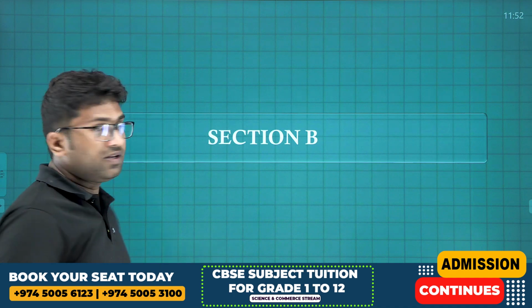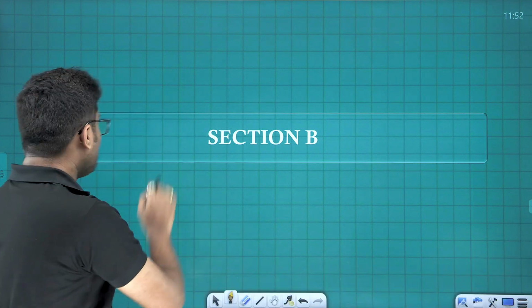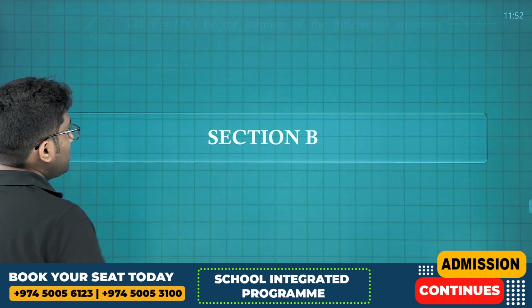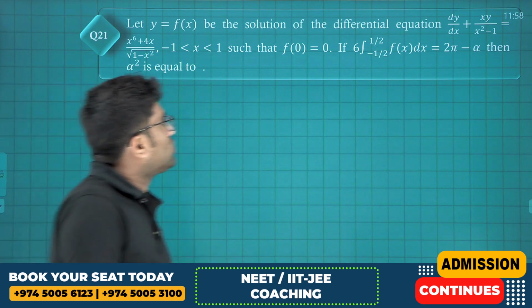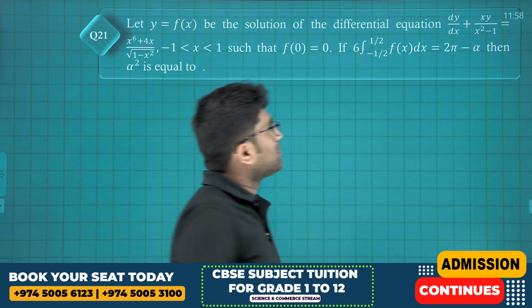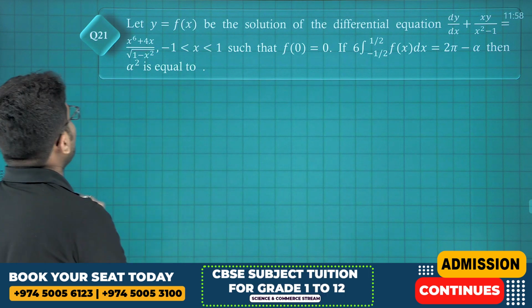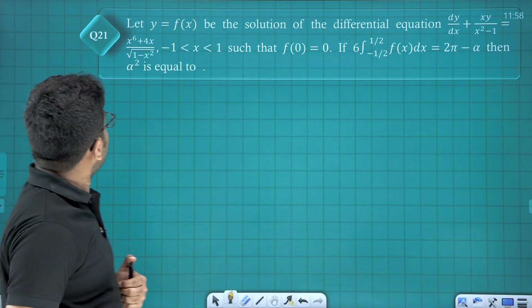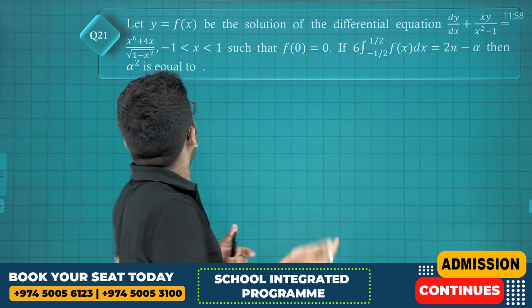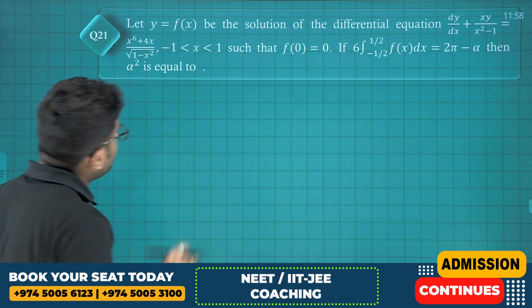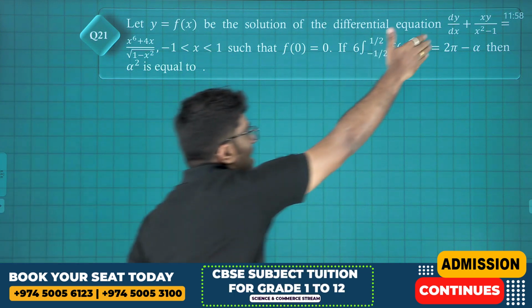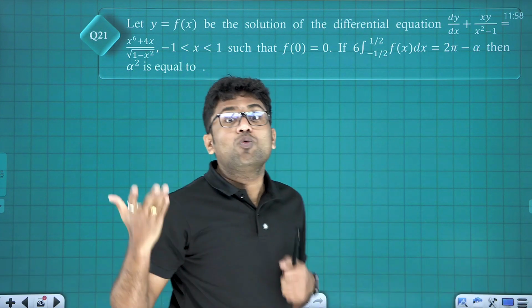So with that we are done with section A. Now numerical type questions, that is section B. In that, the first question, let y is equals to f of x be the solution of the differential equation dy by dx plus xy divided by x square minus 1 is equals to x power 6 plus 4x whole divided by root over 1 minus x square. See friends, this is clearly a differential equation in y.